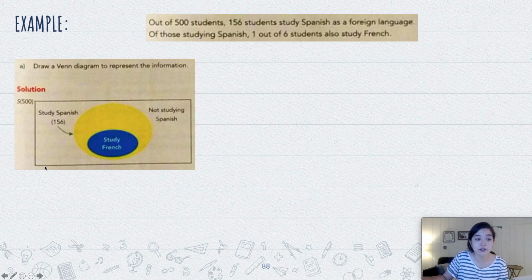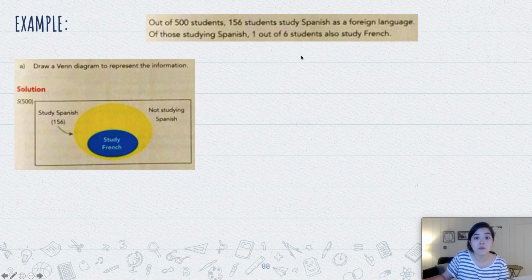Now notice here, okay, the sample space is in the rectangle, and they give us the outcomes in the sample space. There's 500, so we wrote 500 in parentheses. The yellow circle represents those studying Spanish, okay? And there's 156 students studying Spanish. That's given in the information.